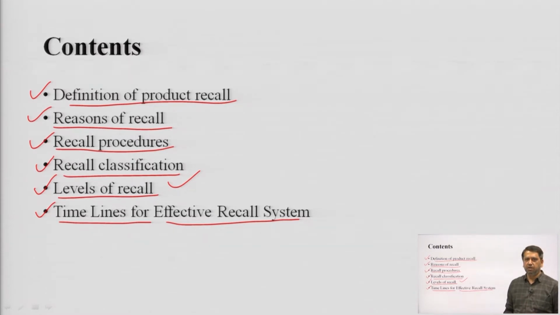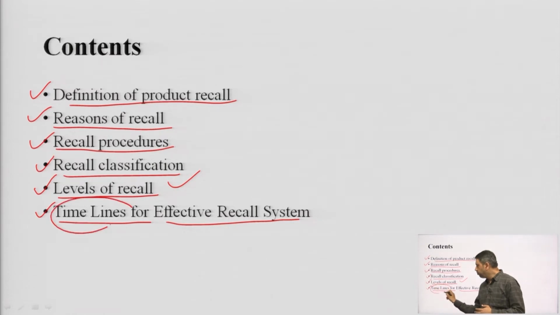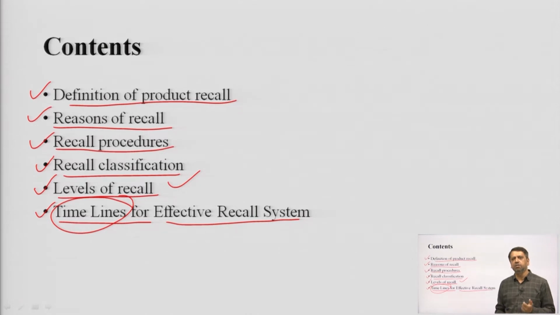The first product has to be recalled immediately from the market, but the second product, which has some labeling problem, may be recalled through some other mechanism. So there may be timelines for the effective recall system, decided case by case. These are the topics we are going to discuss in this lecture, so let us discuss them one by one.